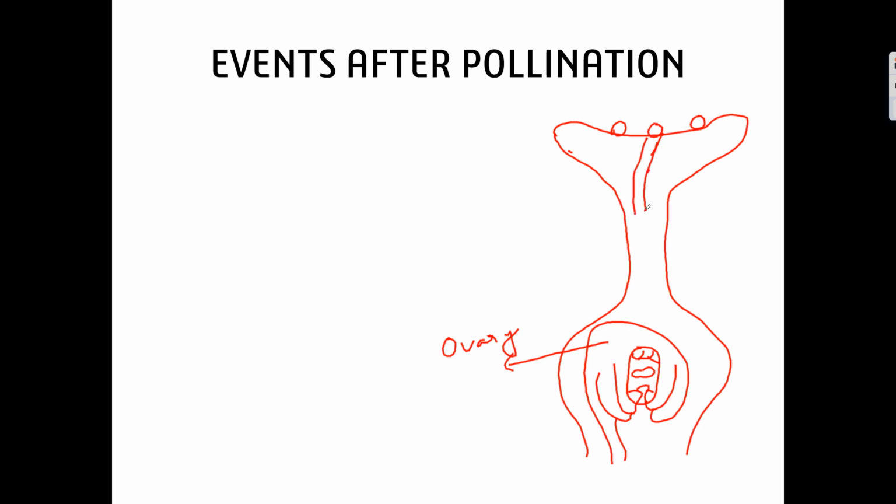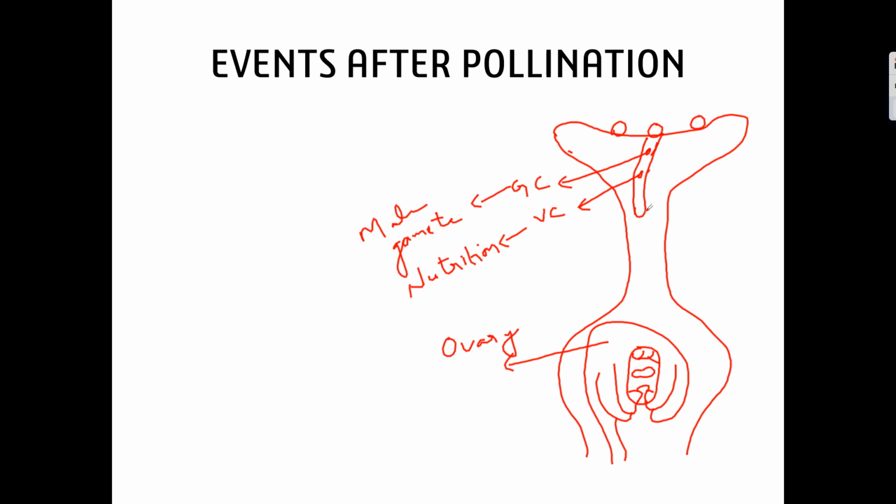As the pollen tube keeps forming, this pollen grain will produce two different cells: the vegetative cell and the generative cell. The generative cell will turn into the male gamete, and the vegetative cell will nourish it, providing nutrition to the generative cell.